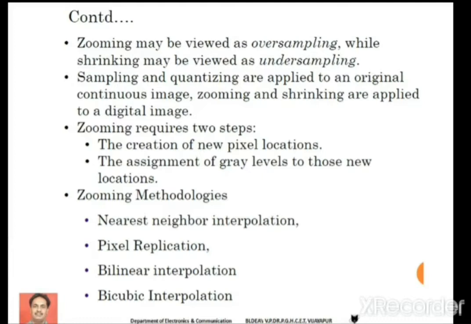For interpolation, we can make use of different methods like nearest neighbor interpolation, bilinear interpolation, and bicubic interpolation. We'll discuss what exactly these techniques are. Remember, zooming means increasing the number of samples.